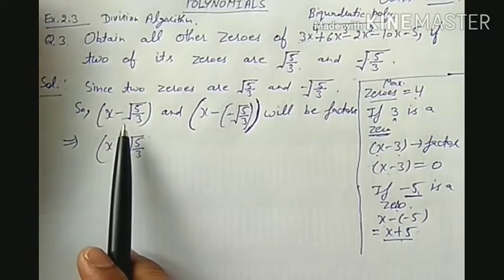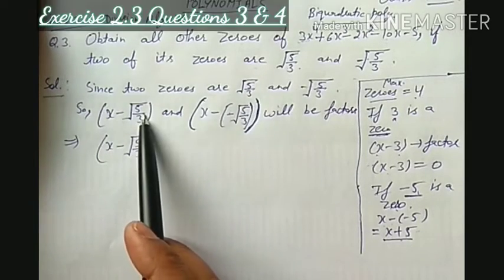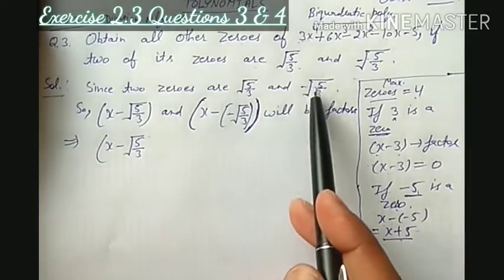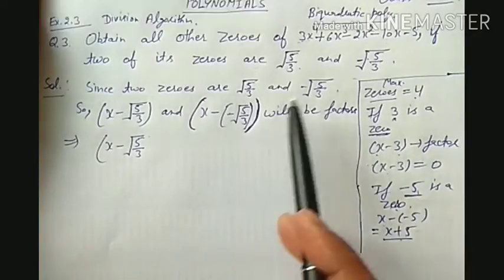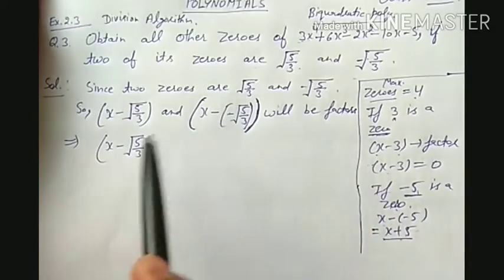So x minus this 0 and x minus another 0, second 0, will be factors.